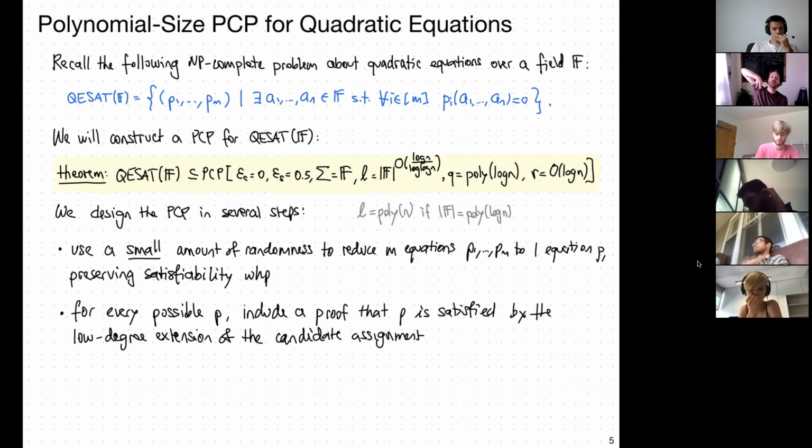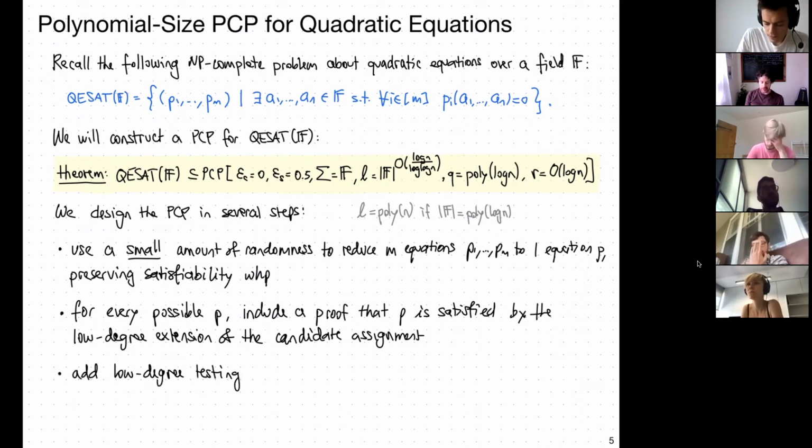So in some sense, we'll start with m equations, compress them into one equation, take the low degree extension of this equation, and try to solve it by a tool that by now you're well familiar with, which is the sum-check protocol. You'll see later how it works. And later we'll add low degree testing to enforce the low degree structure. So it's similar to the structure that we had yesterday. We just need to be a little bit more creative.